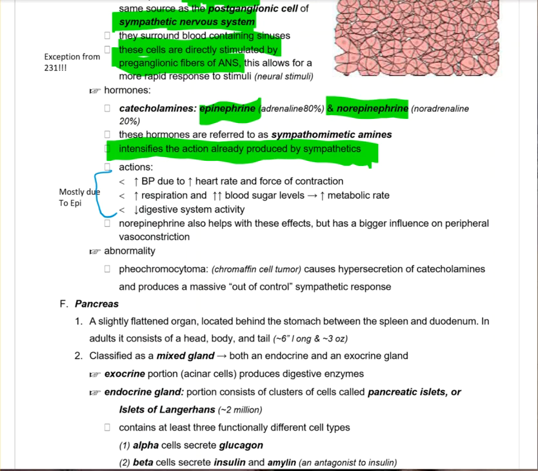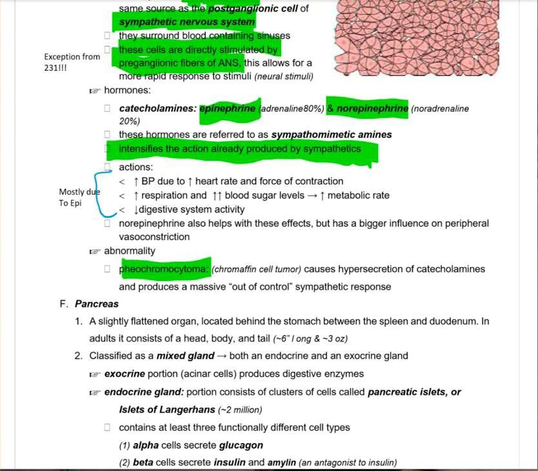Anything that would be sympathetic is going to be increased here. Norepinephrine helps with these effects, but has a bigger influence on peripheral vasoconstriction than epinephrine does. So that's interesting.